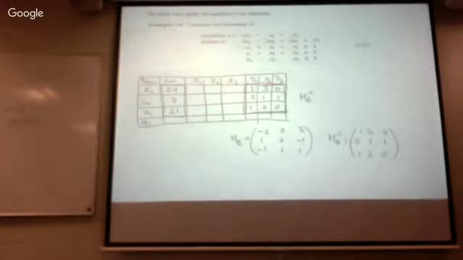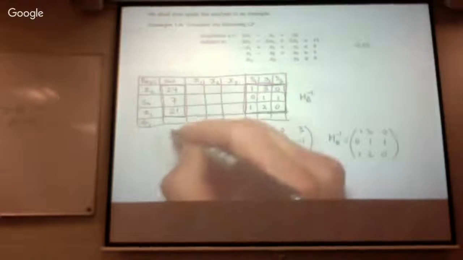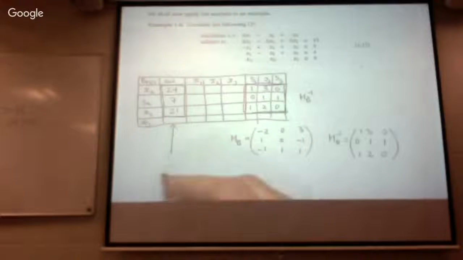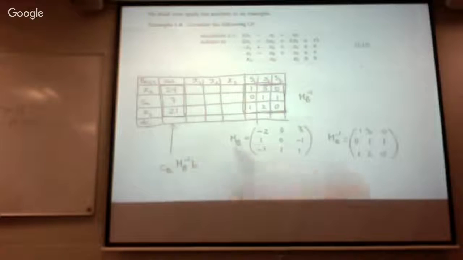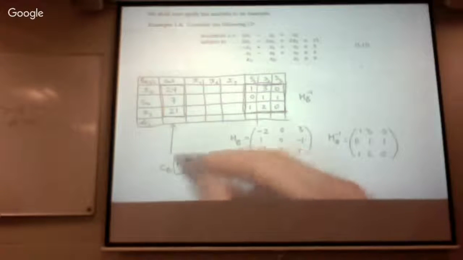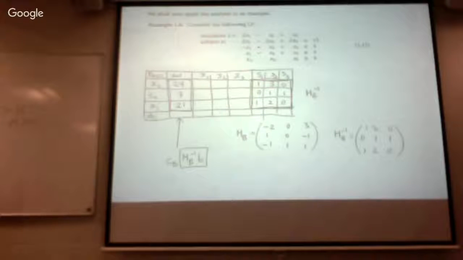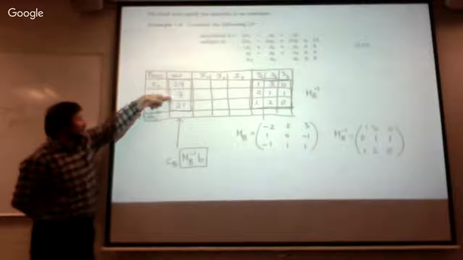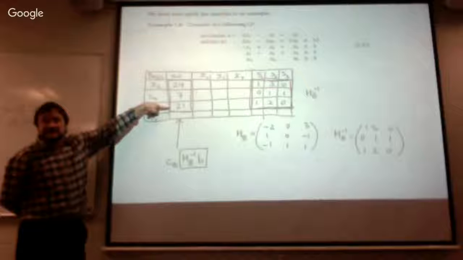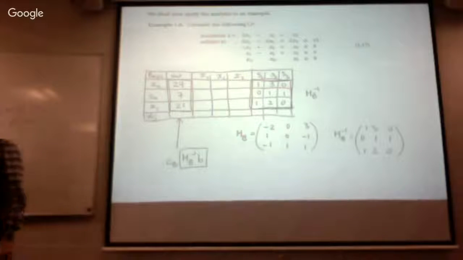essentially what they tell us is, okay, for example, this entry, what we had was CB, MB inverse B. Now MB inverse B we already know. MB inverse B is the column vector 24, 7, 21. That's how we got it.